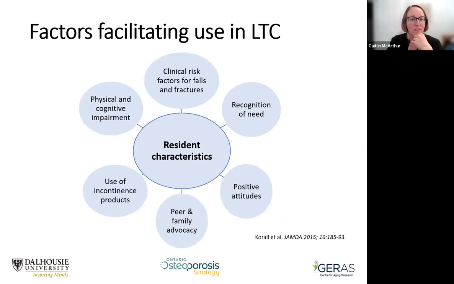And at the resident level, if the resident or their family member recognized the need for hip protection and why it was important, if they had positive attitudes regarding the effectiveness of hip protectors, and if peers or families were really advocating for their use, they were more likely to be used.